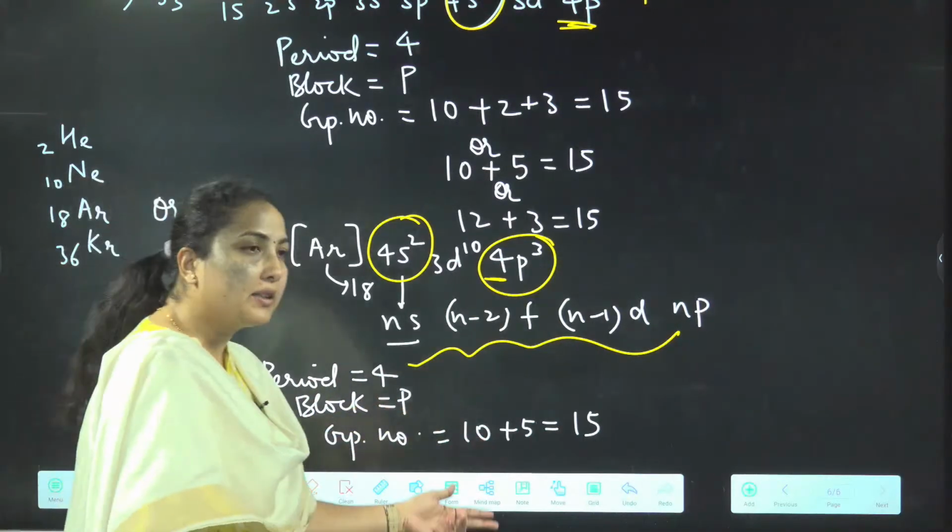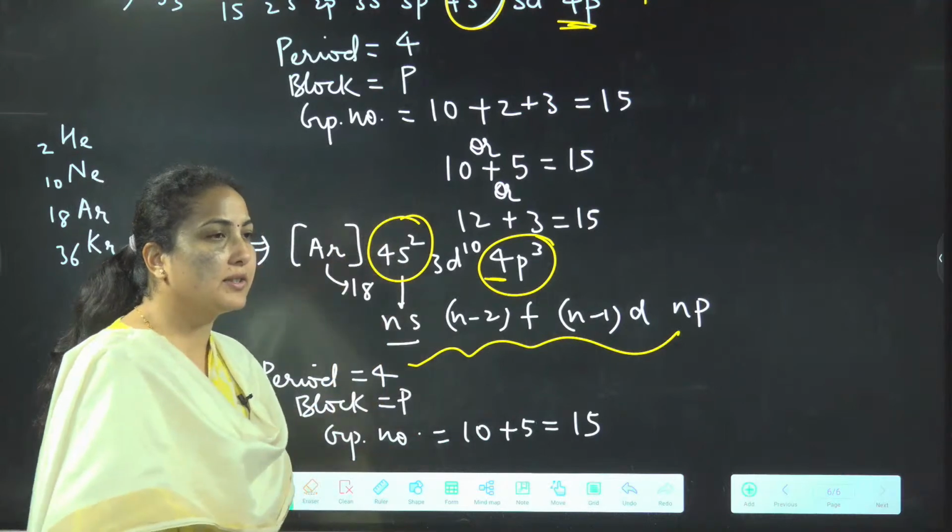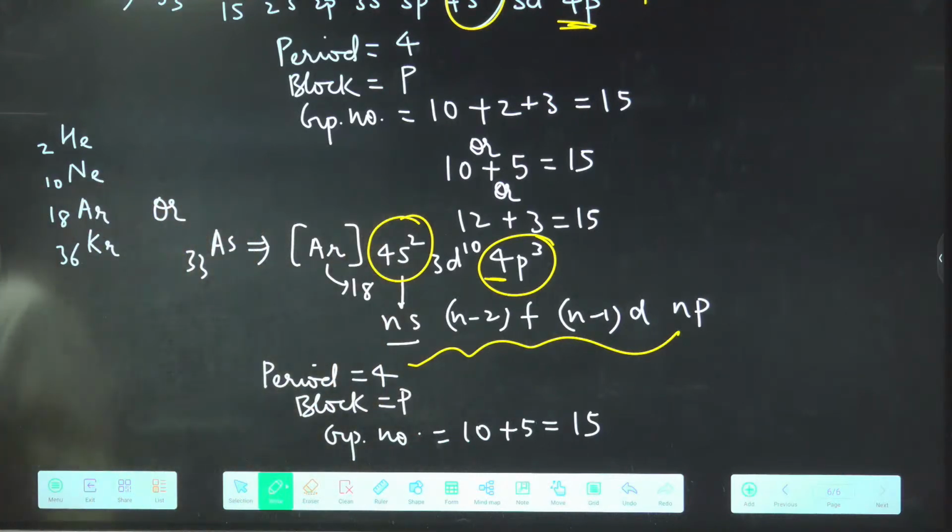I have not written the other way because I have already written it above. It is the same, right? So hopefully you have understood this. Note this down, then we'll proceed further.